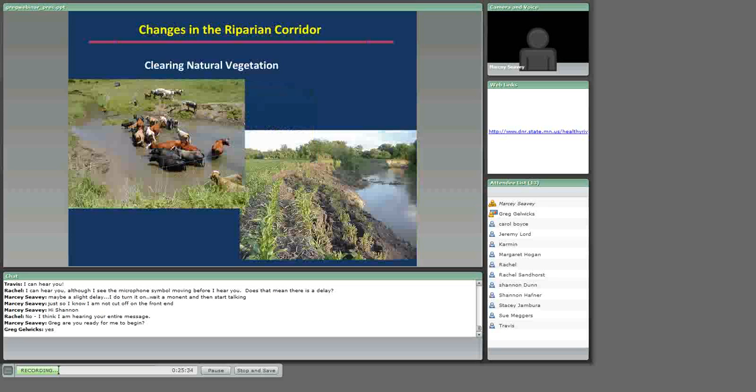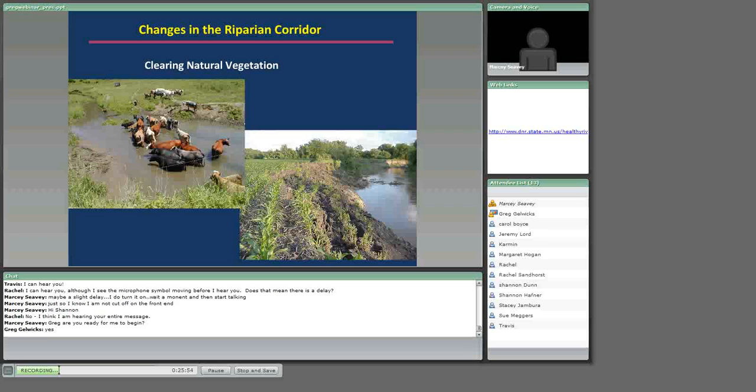Changes in the riparian corridor and floodplains. Some of the most common are both grazing along streams in the floodplain and riparian area, and also row cropping in floodplains and up to the banks of streams.